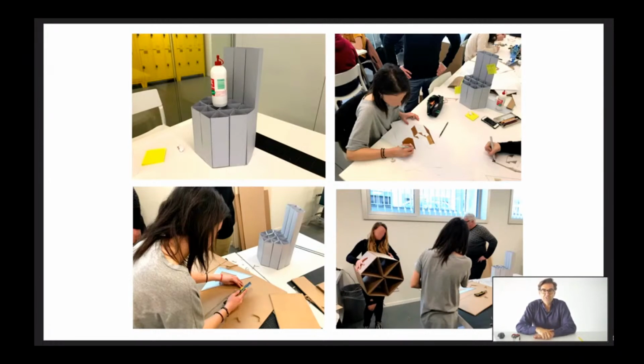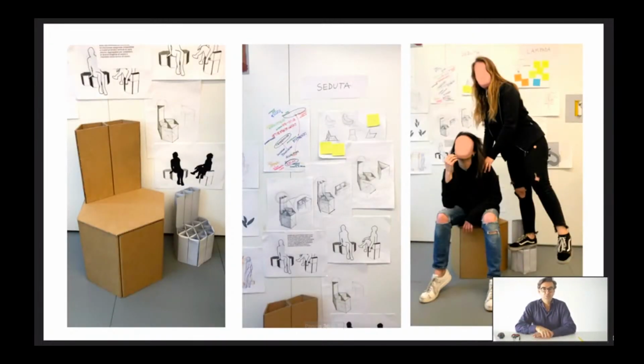And they managed to create more and more detailed design decisions on this product, on this first idea. And then they managed to create a full-size mock-up, which is the one I showed here. And so the process was pretty linear.